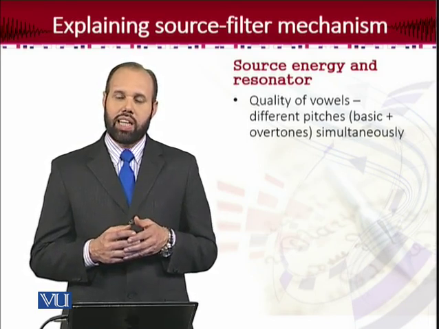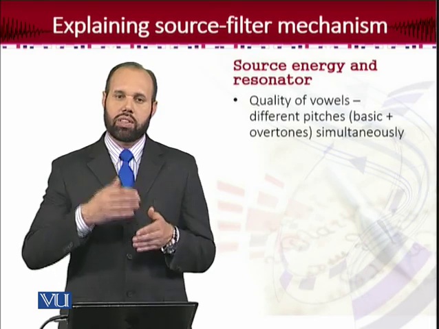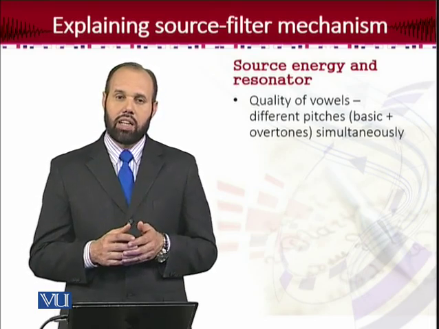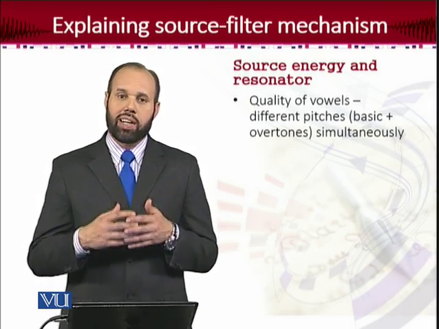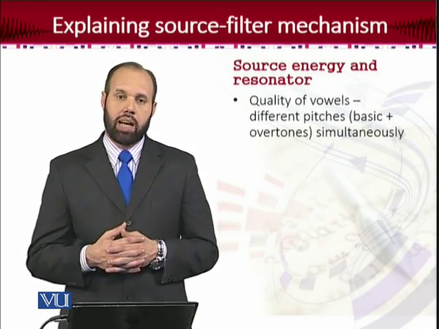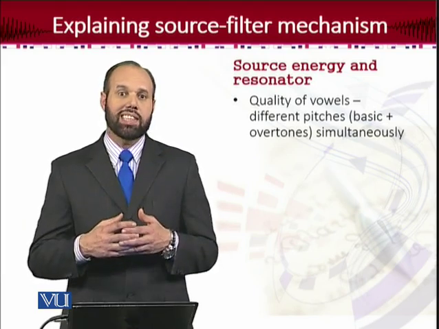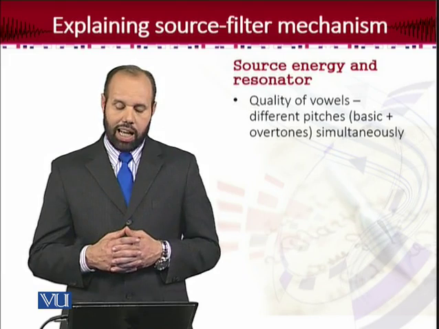So the one pitch is the basic pitch on which the sound is created, right? So that's the basic pitch. But then there are so many other pitches at work simultaneously, and those pitches are basically the overtones through which the frequencies are determined for a speech sound.